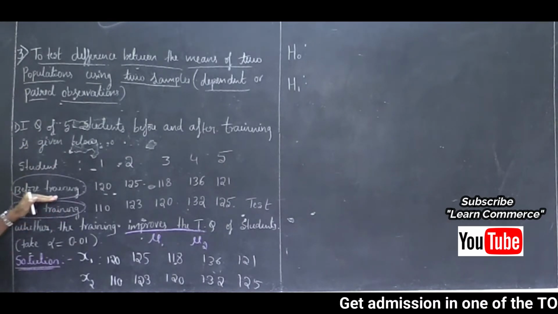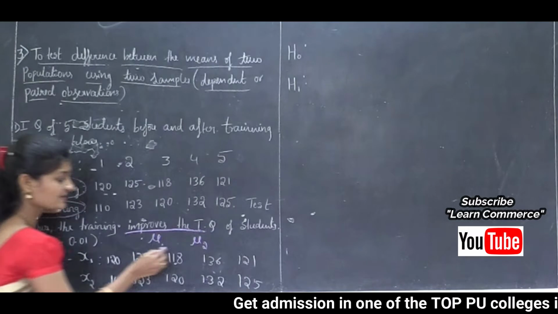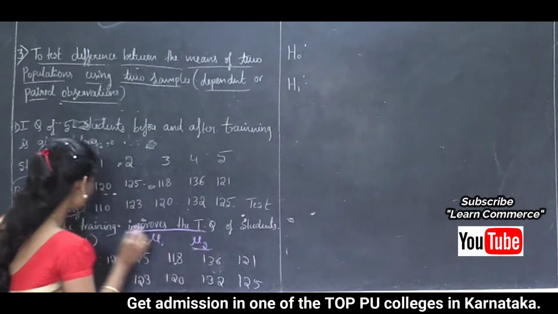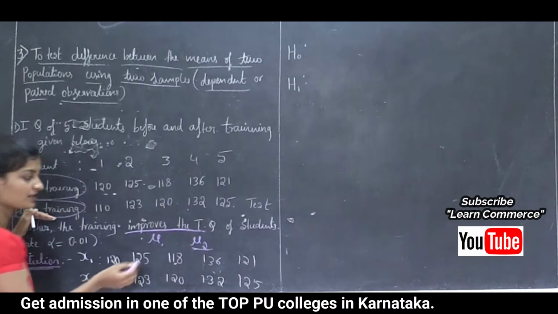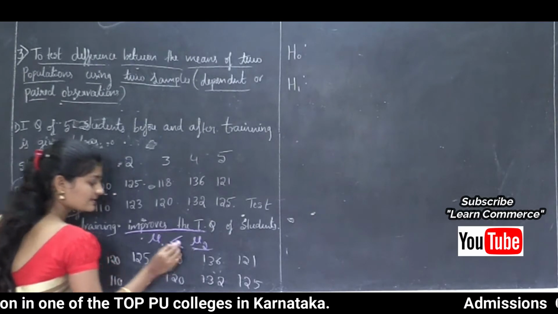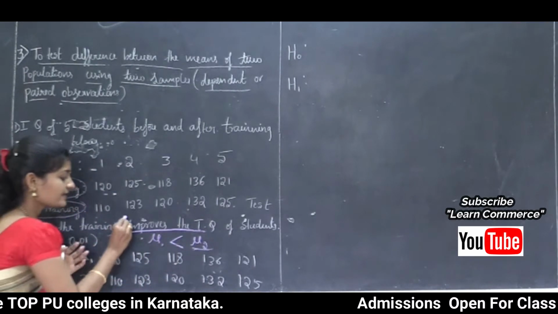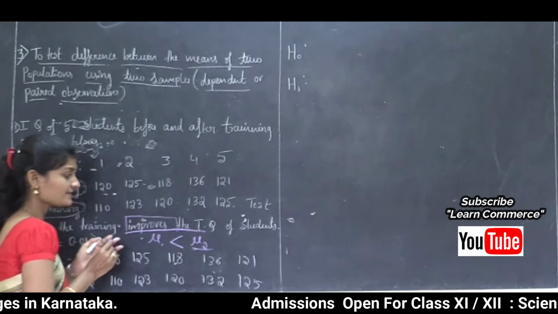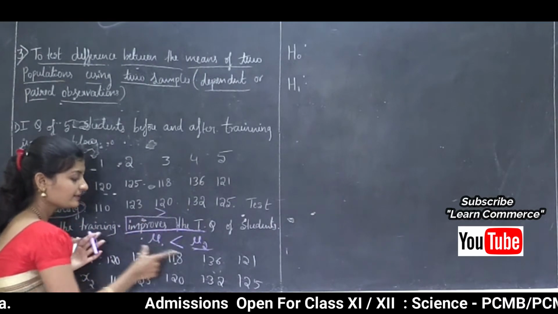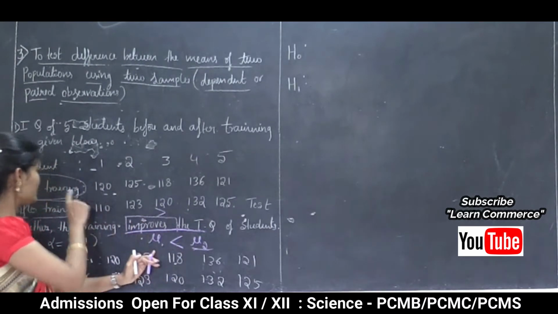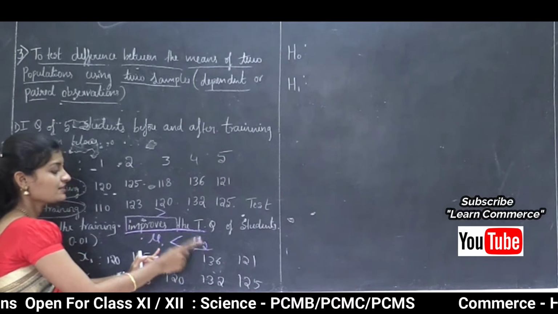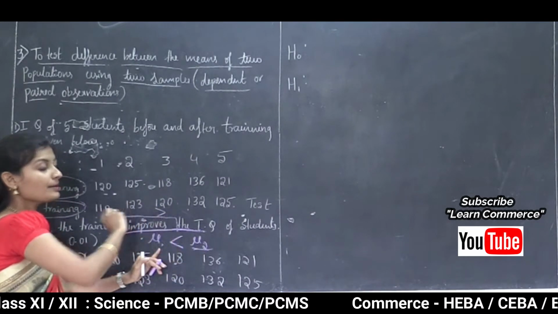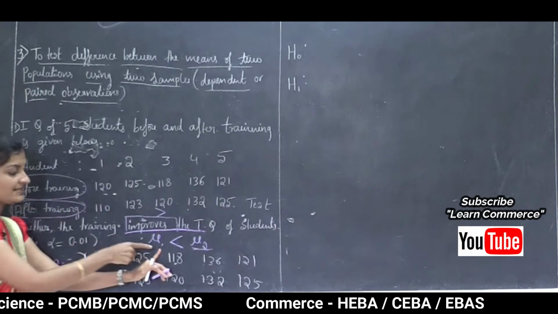So mu2 represents the after-training population. Don't get confused: the sentence says improves, and improves always means more than. But here the given observations are before training and after training, so we have to compare the means of populations like this.